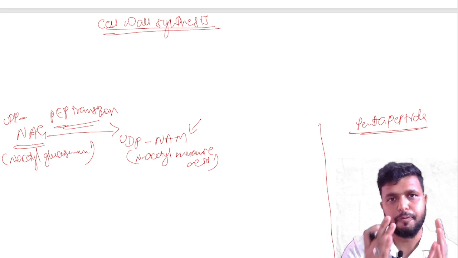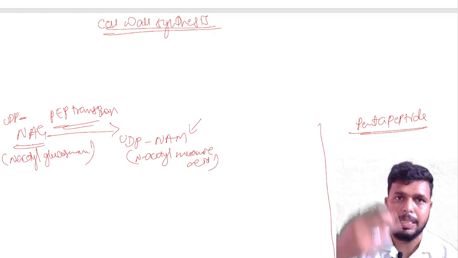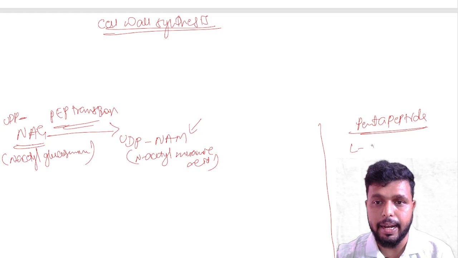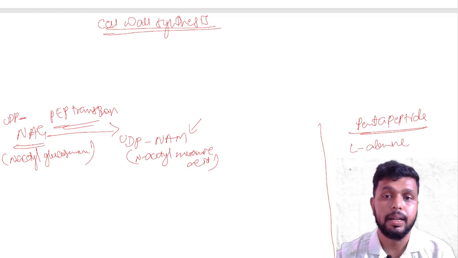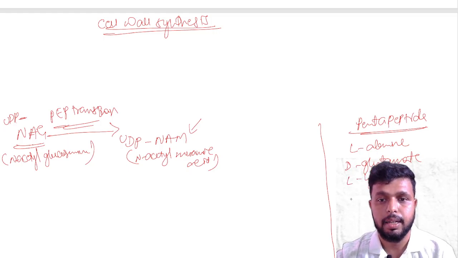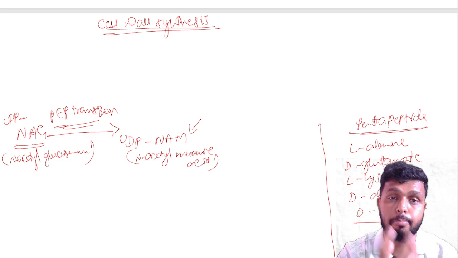Penta means 5, and peptide means it is made up of amino acids. So the pentapeptide chain is made up of 5 amino acids: L-alanine, D-glutamate, L-lysine, D-alanine, and D-alanine. This is the composition of the pentapeptide chain.